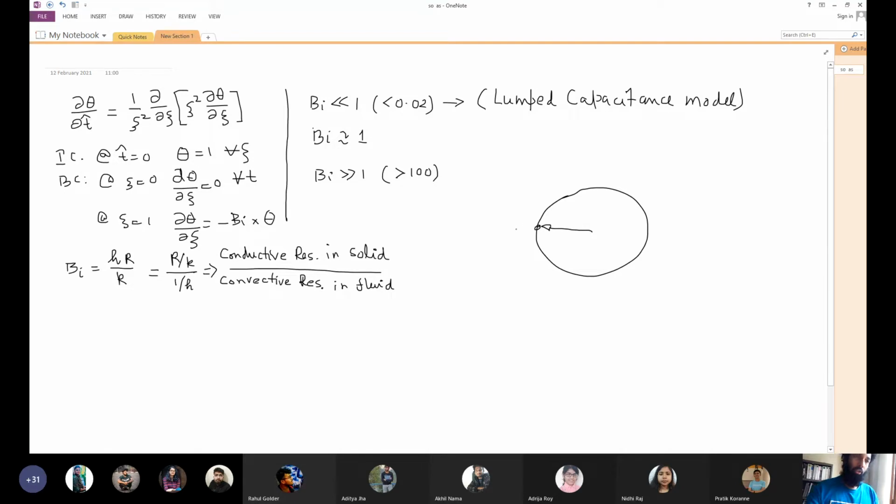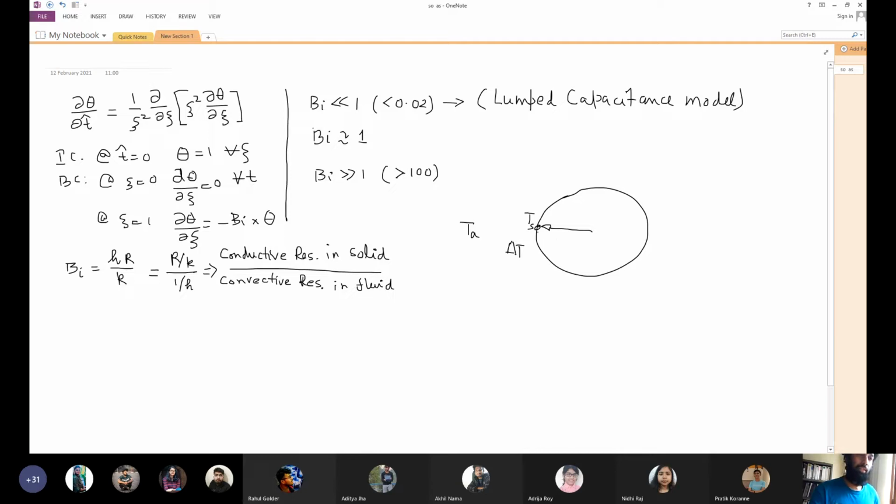It cannot. So if T ambient is the temperature, the heat transfer coefficient is very high, so a very small temperature difference del T between this T ambient and T surface can support the heat flux that is due to conduction.